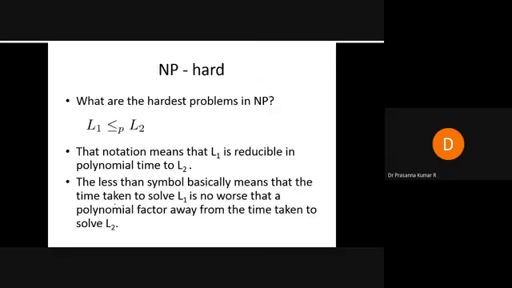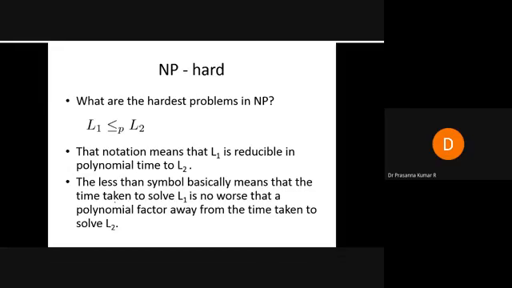Now let's move our discussion to NP-hard problems. A problem is classified as NP-hard when an algorithm for solving it can be translated to solve any NP problem. We can put it in other terms: the problem is at least as hard as any NP problem.